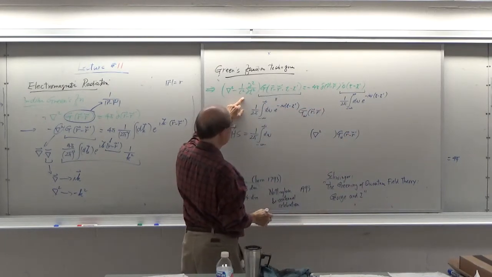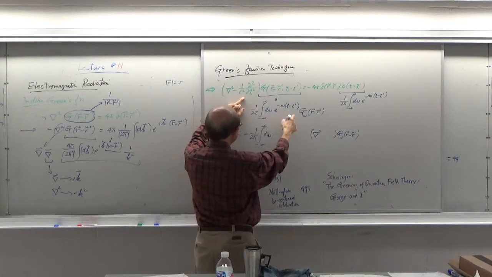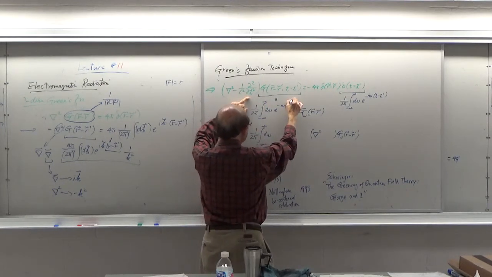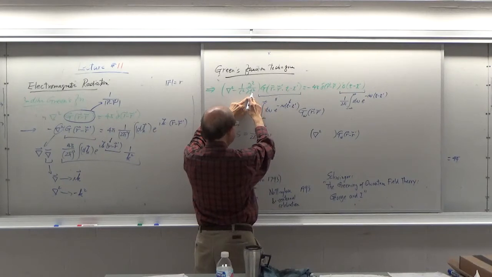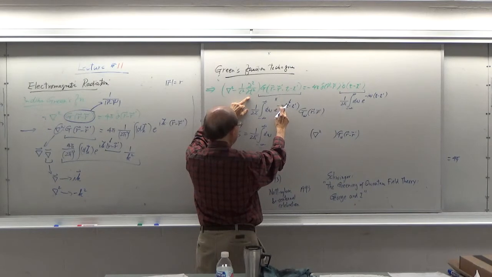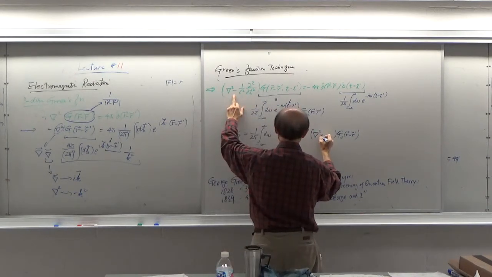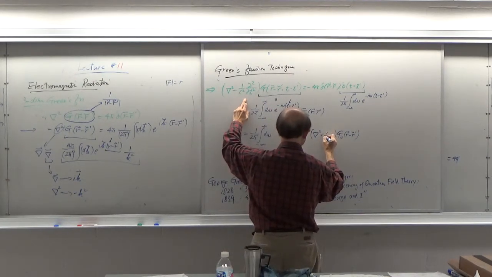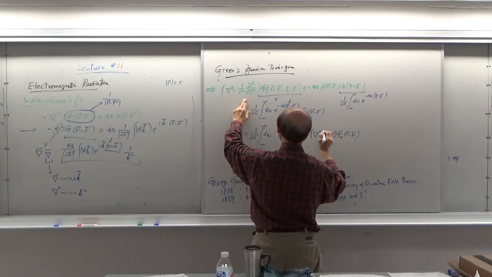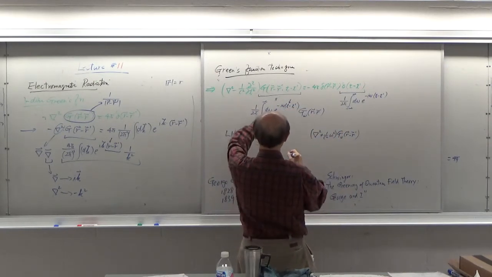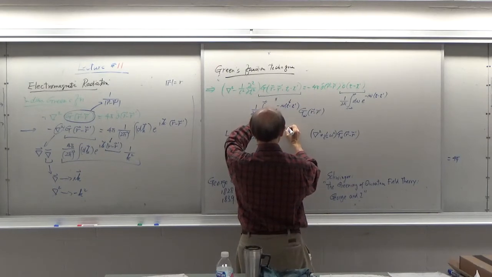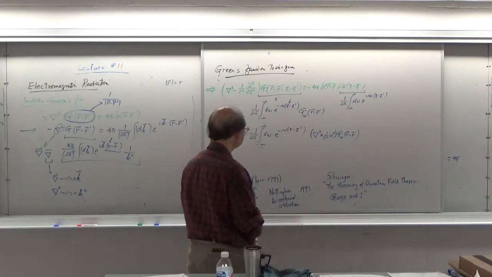How about the time derivative? The t of course appears in the exponent, so each time I take a derivative, I bring down a factor of minus i omega. There are two of them, so that will be minus omega squared, and minus minus is plus. I hope that's correct: 1 over c squared omega squared. And the rest is here, e to the minus i omega (t minus t prime). That would be the left-hand side.